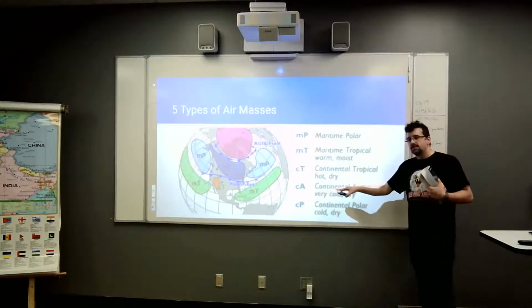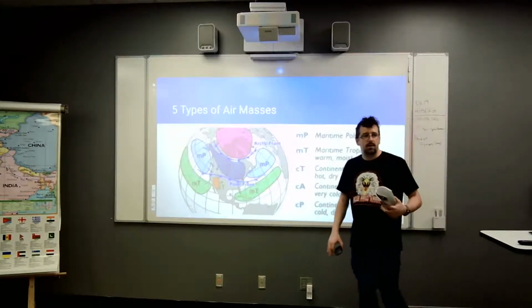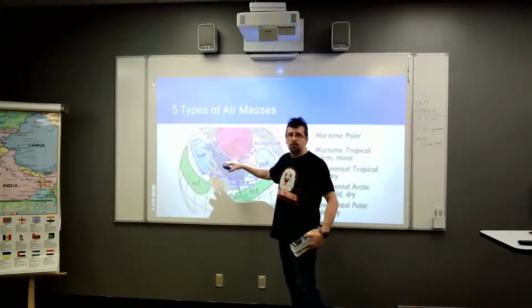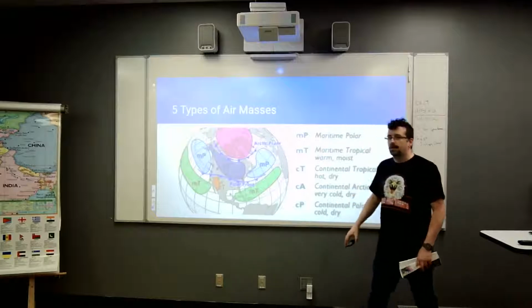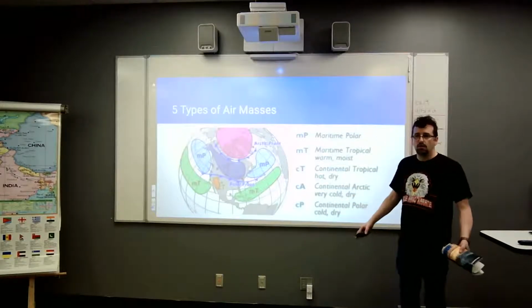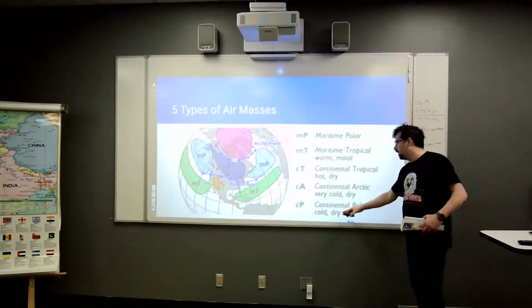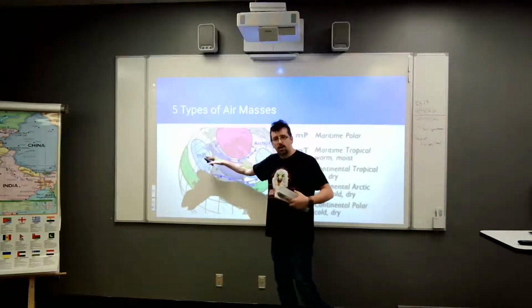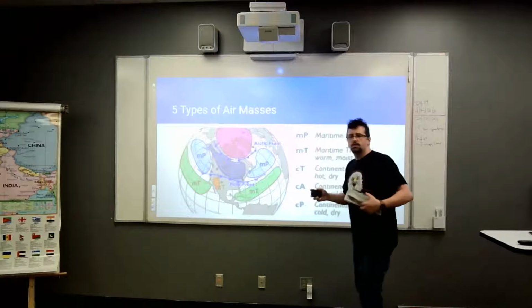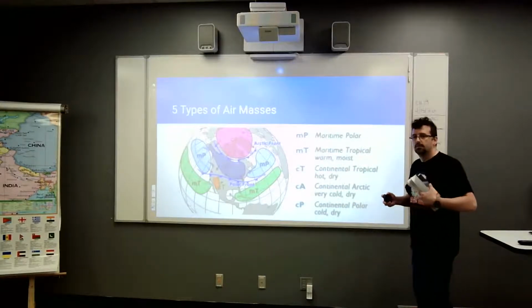But continental Arctic is exactly what you expect. It's over the Arctic Circle, but it is continental in nature. So that means it's very cold, it's typically over land, and then continental polar is going to be a little bit below the Arctic, right here. Any questions you got so far?